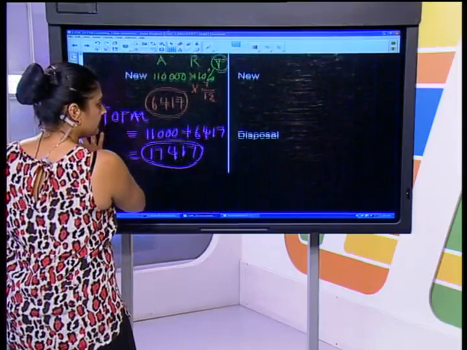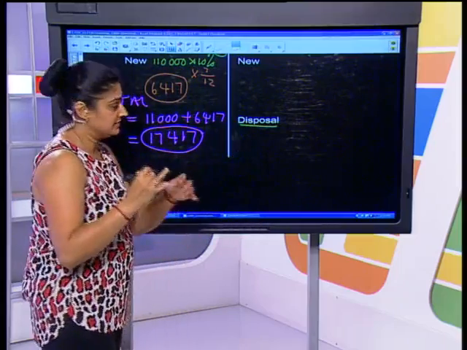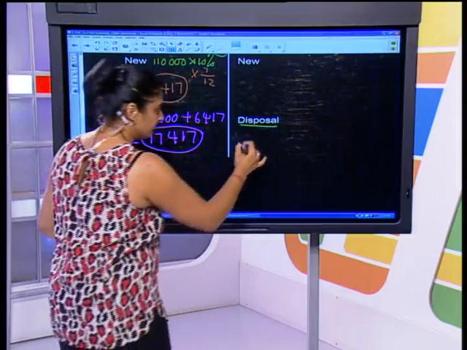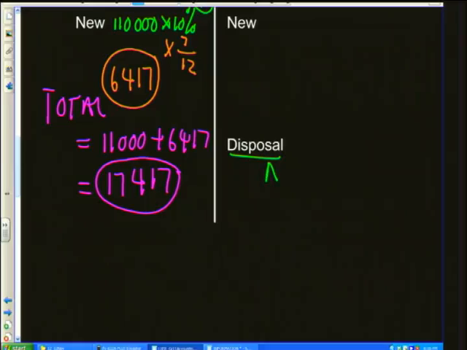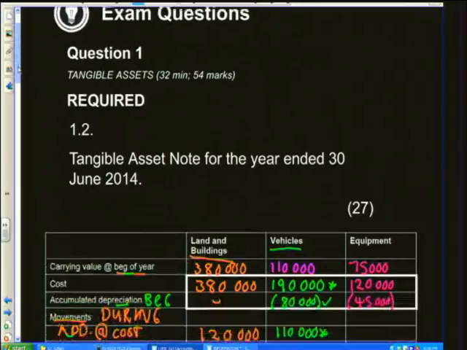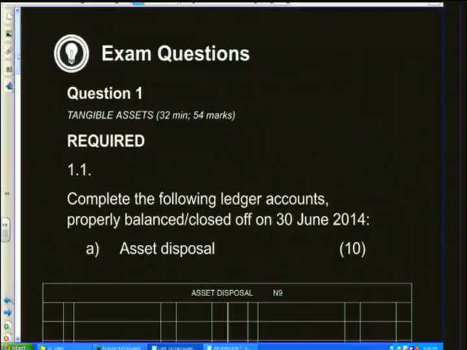Right, so under disposal, guys, not going to take us very long. Let's look at our additional depreciation. So we're going to start off with, again, amount, rate, and time. Okay, the amount of the asset, or the cost price of the asset is, we've got it down here, an amount of 20,000. Okay, so let's fill that in.